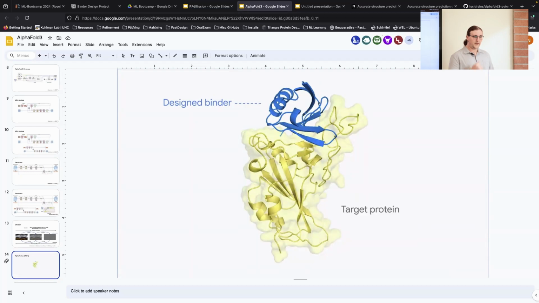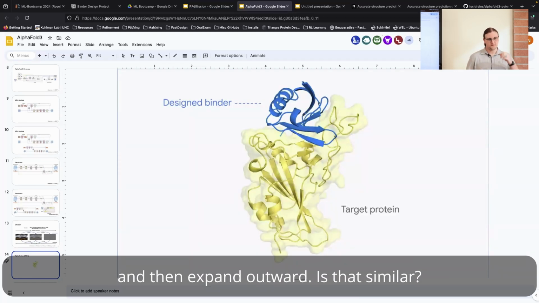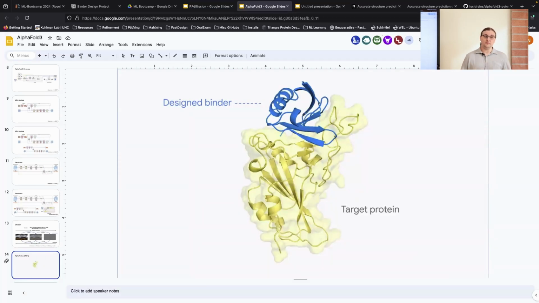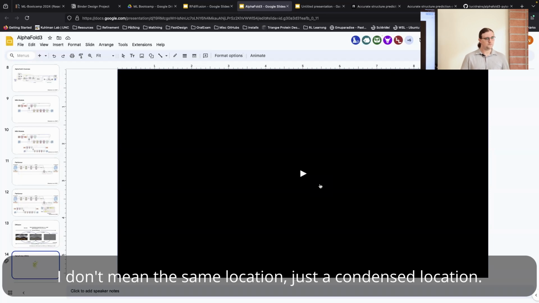I have a question. Yeah. You mentioned yesterday with AlphaFold2 that we usually start all of the coordinates at a single location and then expand outward. Is that similar? So they're starting from random noise. So it's a sample from the Gaussian distribution. Right. So they're not all at the same location. Oh yeah, sorry, I don't mean the same location. I guess just a condensed location. Yes.